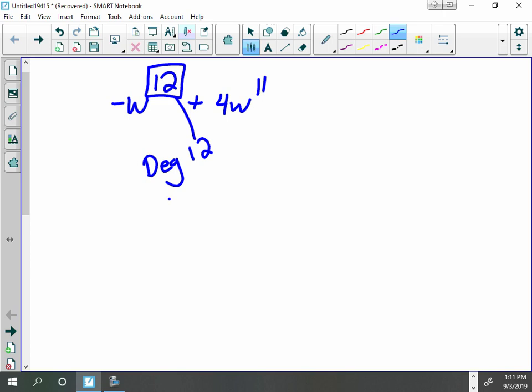And it wants to know the leading coefficient, which is this number here in front of the first one. So the leading coefficient is -1. And then classify the polynomial by its number of terms. We have monomial, which is 1 term, binomial is 2 terms, trinomial is 3 terms, and then quadrinomial, and after that we just kind of say 5 terms or 11 terms or something like that. So this would be a binomial of degree 12 with a leading coefficient of -1.